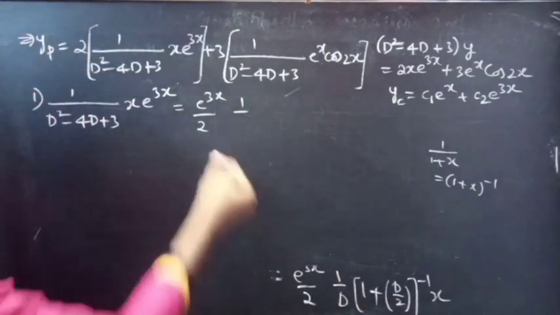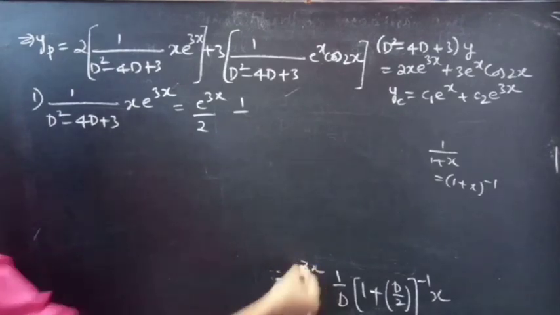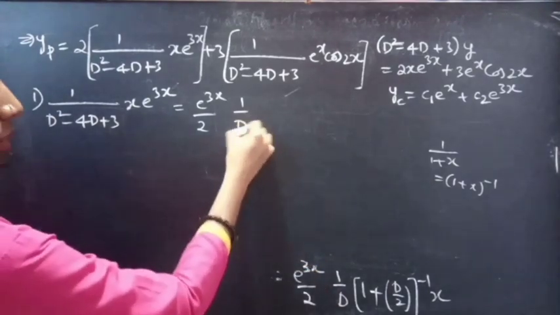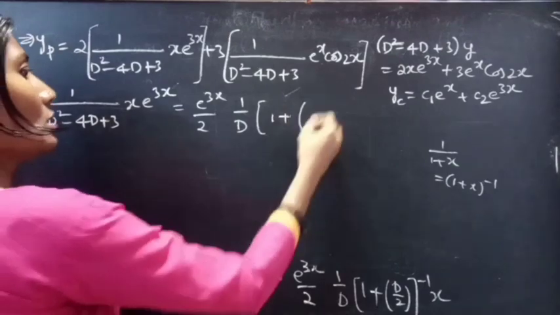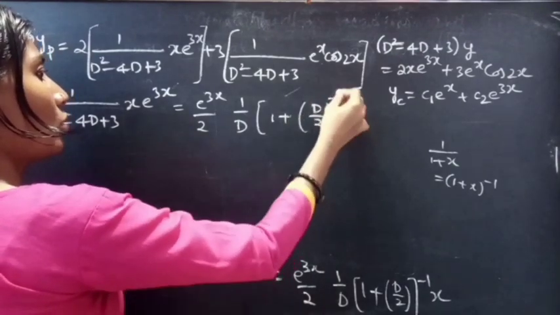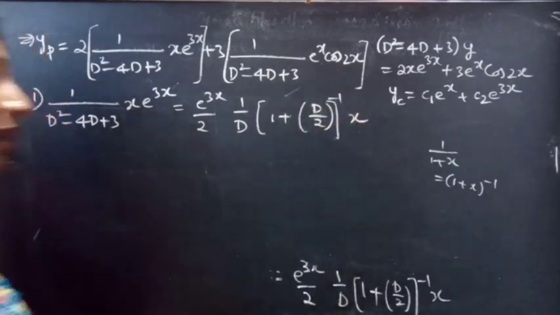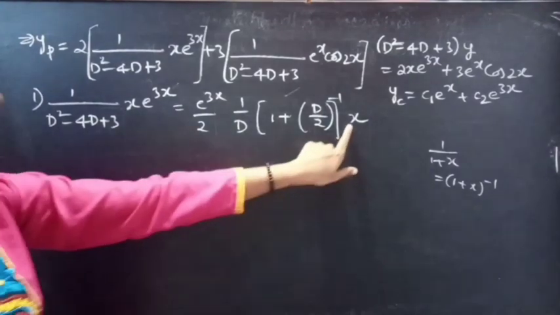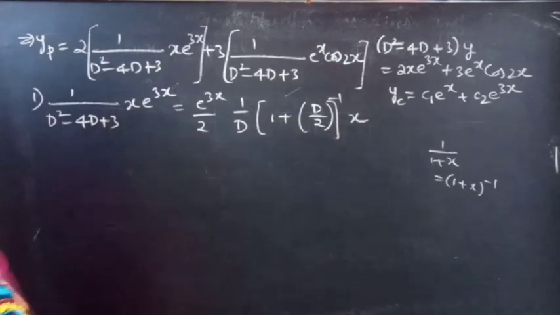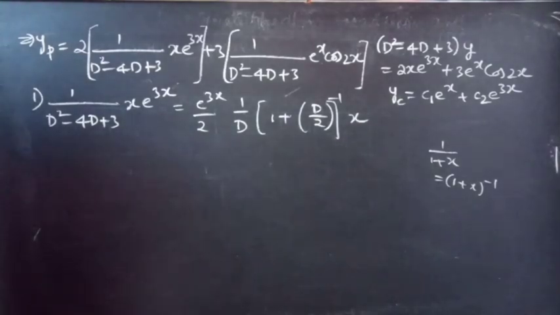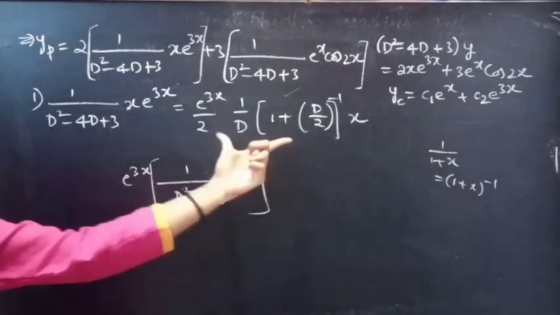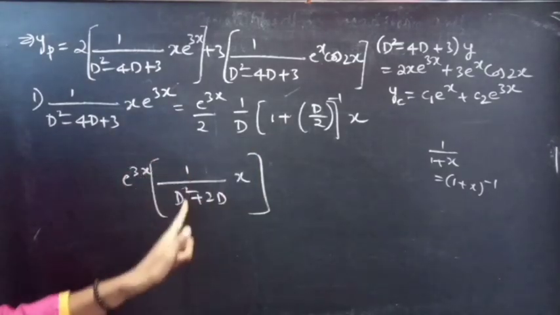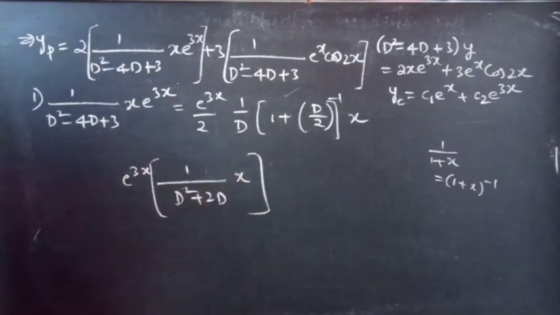We have e power 3x by 2 into 1 by D into (1 plus D by 2) whole inverse into x. See here we are having x, right? We got this term from e power 3x into 1 by D square plus 2D into x, right?